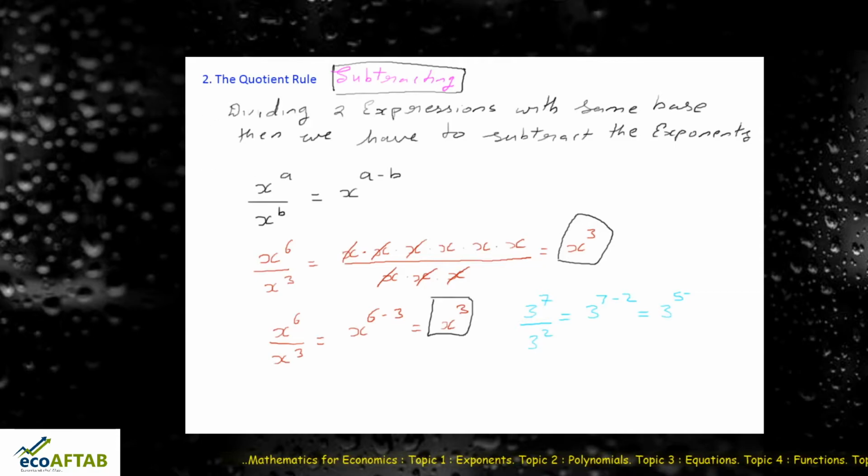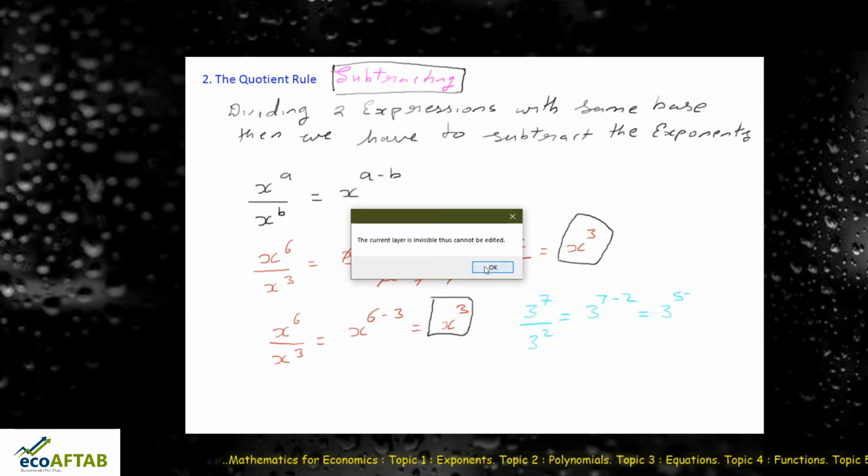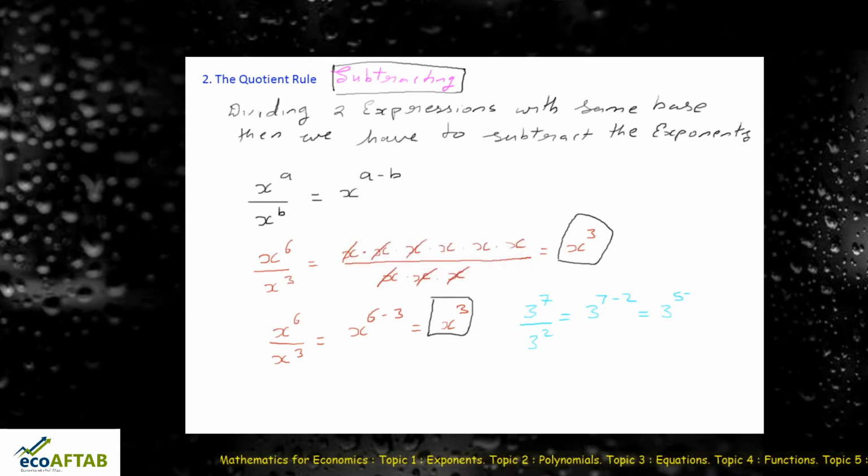The quotient rule says x to the power a divided by x to the power b. The same thing I am taking it over here, that is x to the power a minus b.